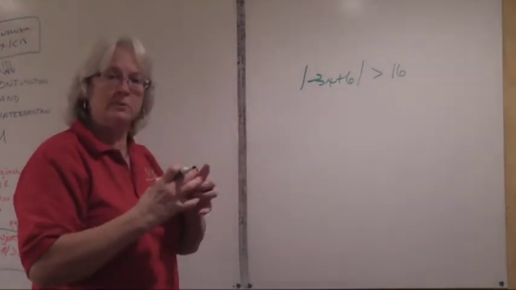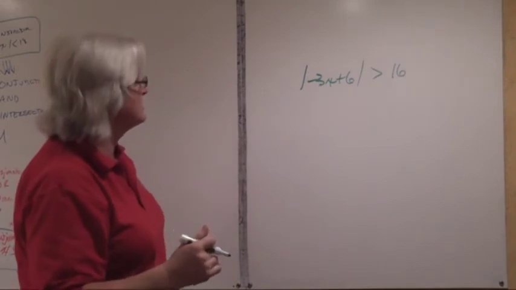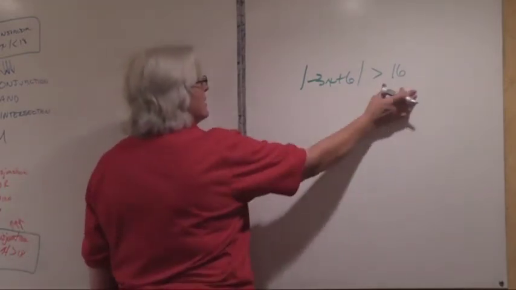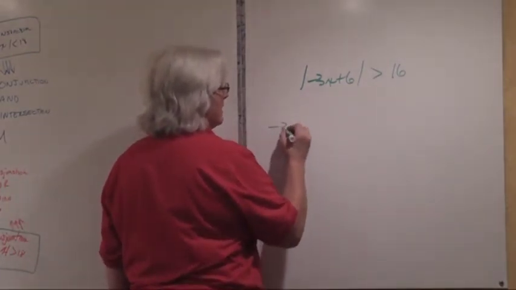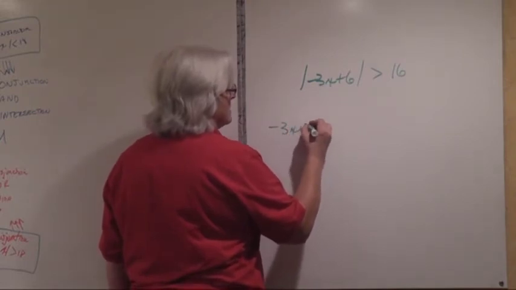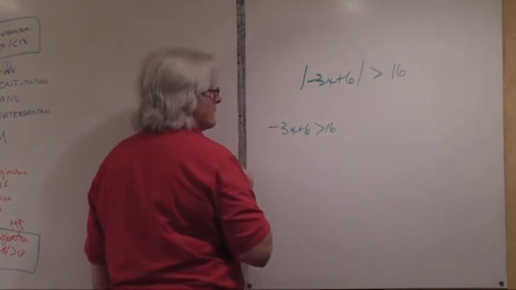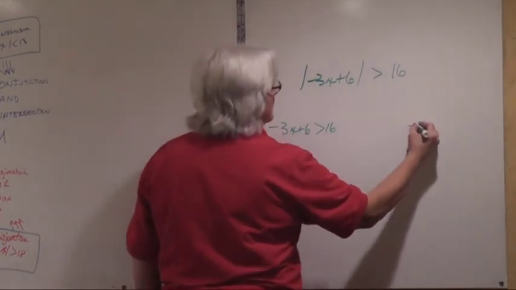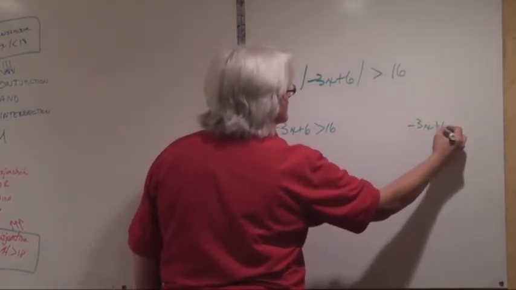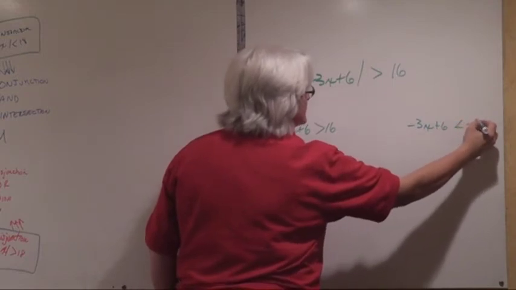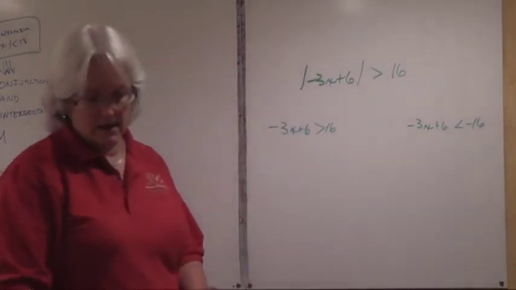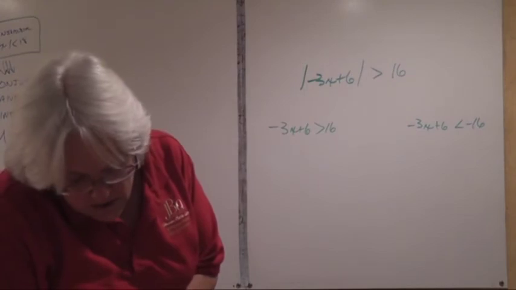I'm going to have to split this up two ways to solve this absolute value inequality. The first is exactly what we have: negative 3x plus 6 greater than 16. We also have negative 3x plus 6 less than negative 16.